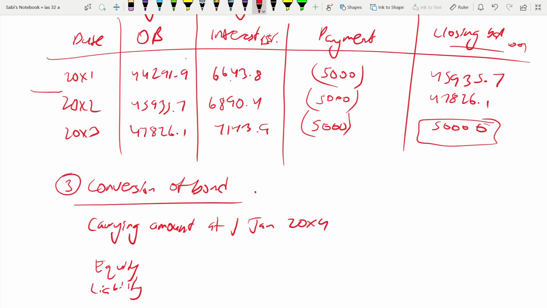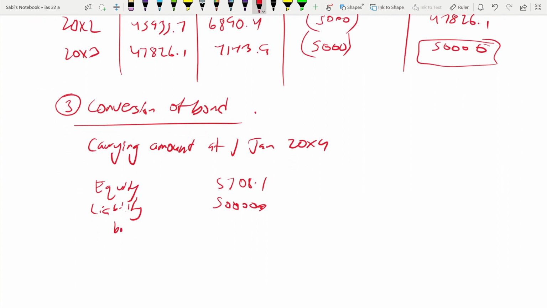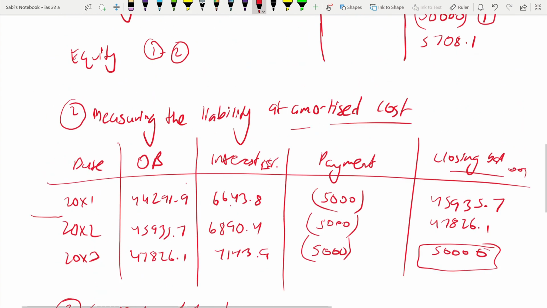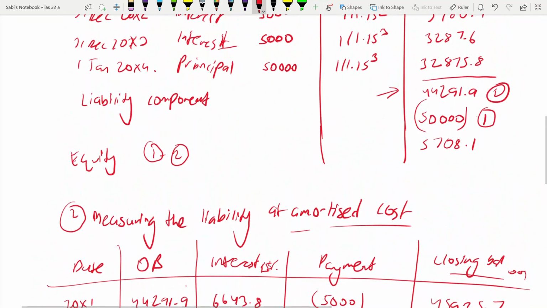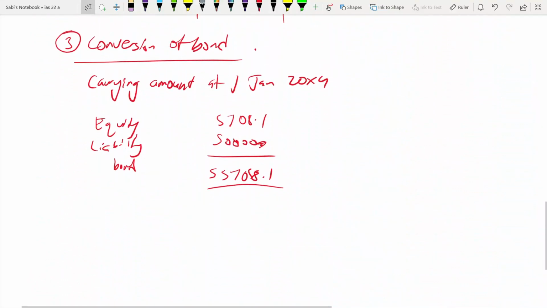Equity will be how much? Already we have calculated in step 1. And liability will be 50,000. This is the bond that you have taken. Together, if you add, it will be 55,708.1 on this date.